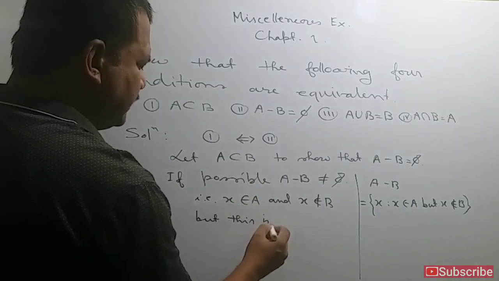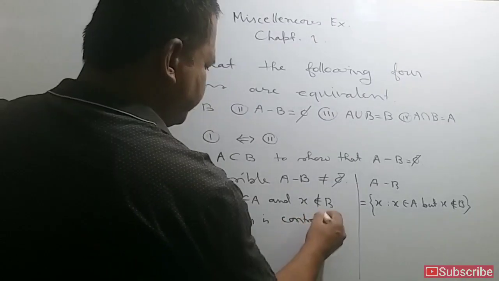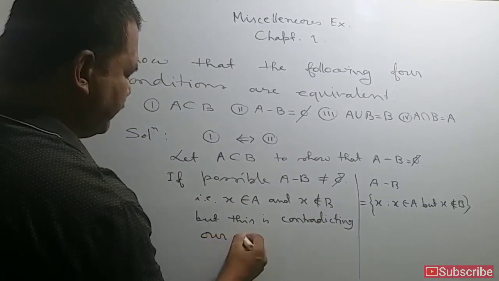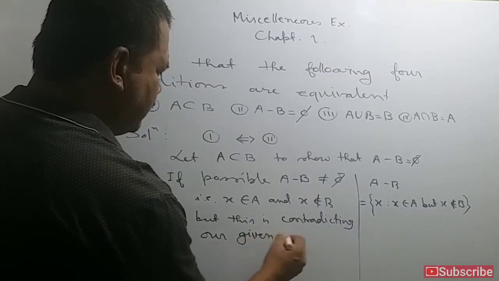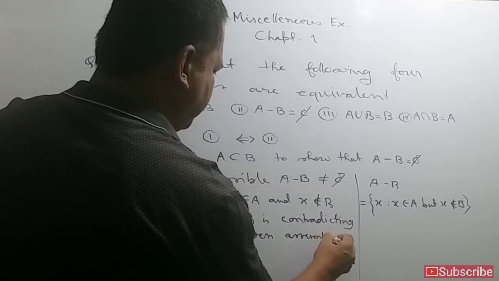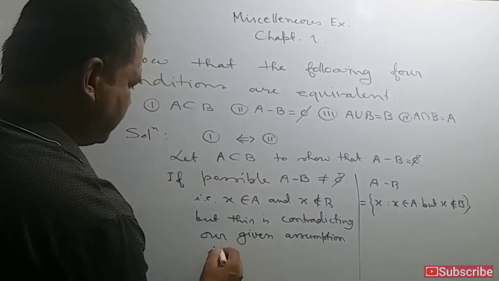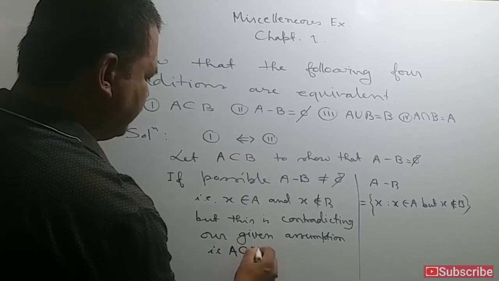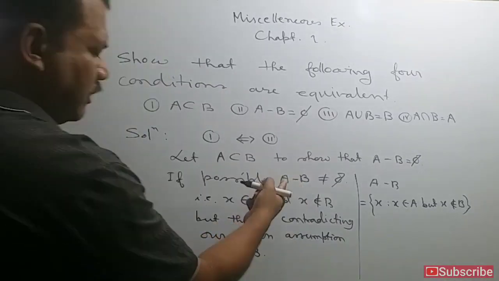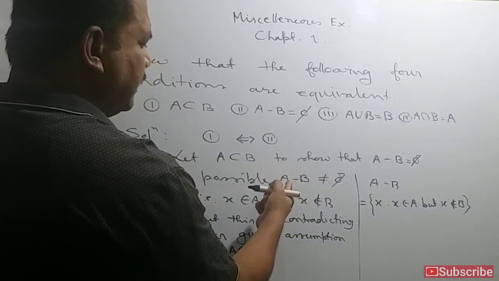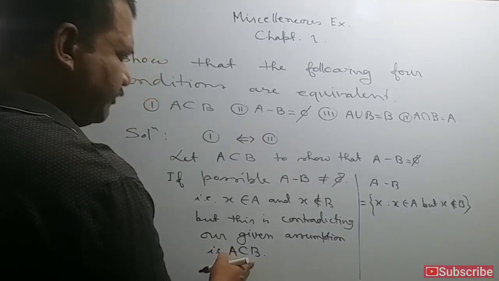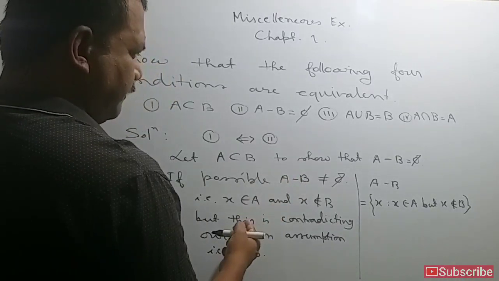So this is contradicting our given assumption, that is A subset of B. It's contradicting, this means our assumption was wrong. What was our assumption? We assumed that A minus B not equal to phi. That means if this is to be true, then this is wrong actually, right?